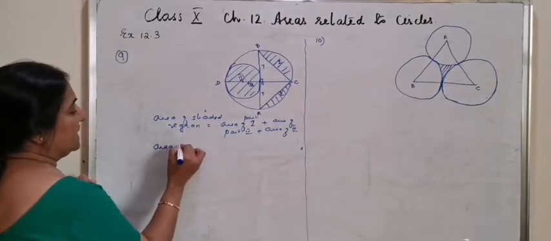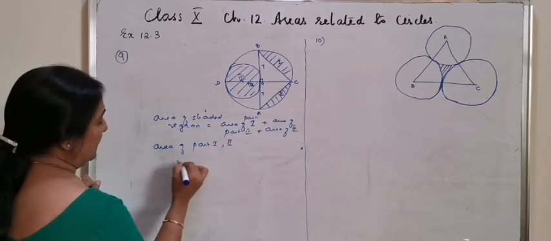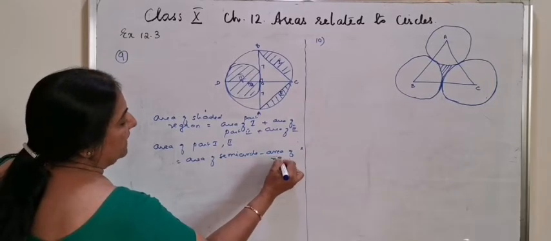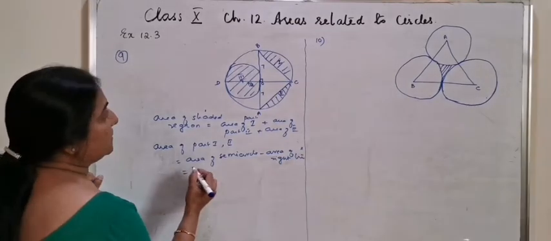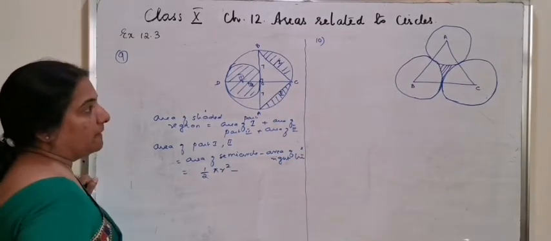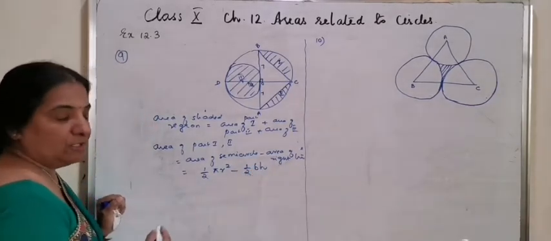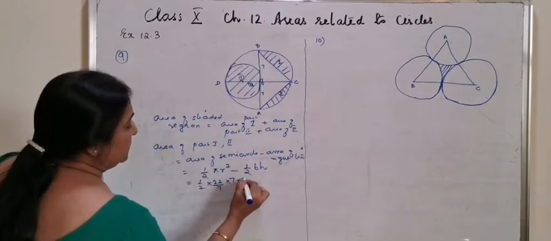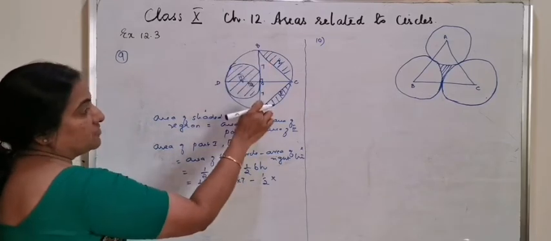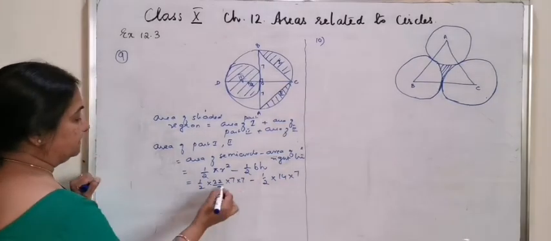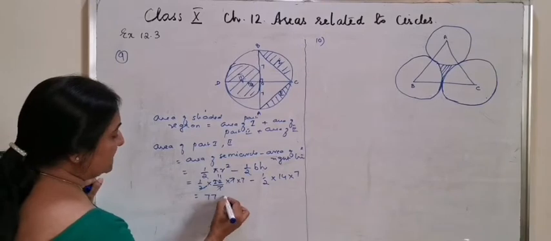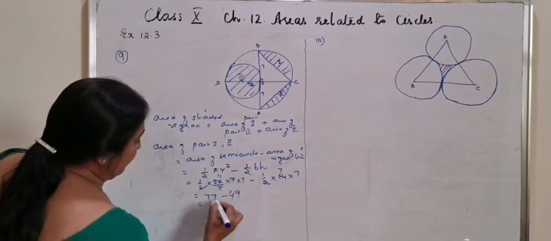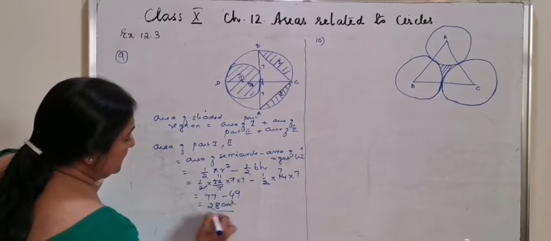So let's find out: area of part 1 and 2 is equal to area of semicircle minus area of right triangle, which is equal to half pi r square minus half base into altitude, half into 22 by 7 into radius 7 into 7 minus half into base of the triangle 14, height 7, which is equal to 77 minus 49, or 28 centimeter square.